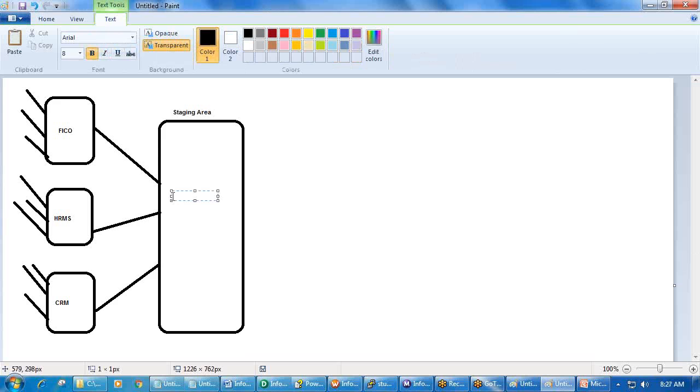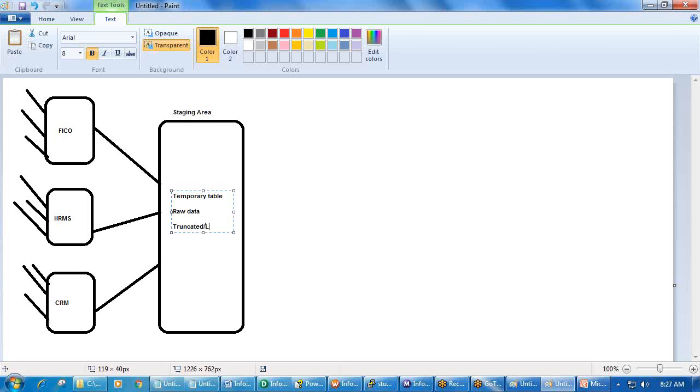Whenever we say this is a group of temporary tables, these tables will always hold raw data. Raw data means data which is not transformed. And always the staging area tables are truncated and loaded.